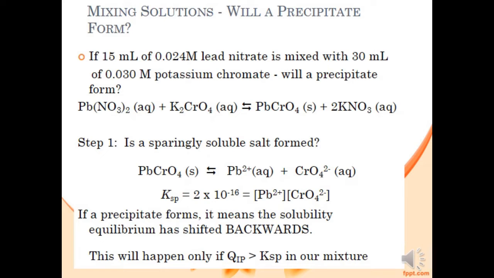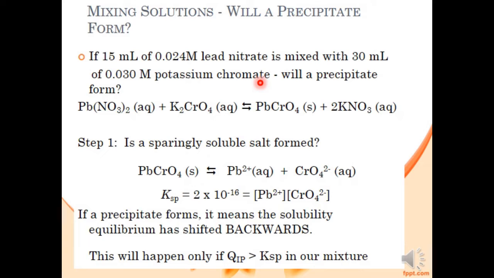Next we move on to see whether a precipitate will form if we mix two aqueous solutions. For example, lead nitrate 0.024 molar, 15 ml, mixed with 30 ml of 0.03 molar potassium chromate. Will a precipitate form?